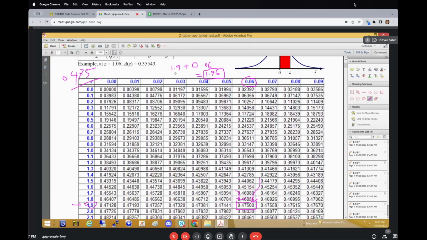So Z is 1.9 plus 0.06, which is 1.96. So from the Z table, we got the value 1.96.